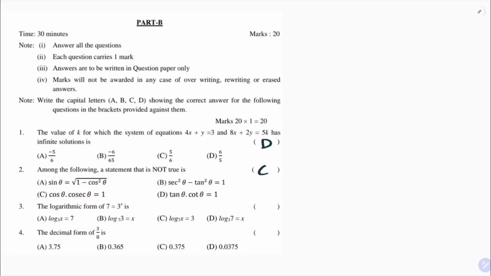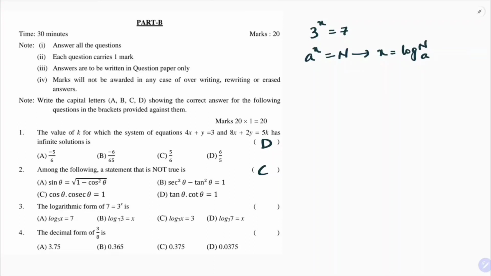Next one, the third bit: the logarithmic form of 3 power x equals 7. We need to write it in logarithm form. According to the logarithm definition, if a power x equals n, then x equals log n to the base a.